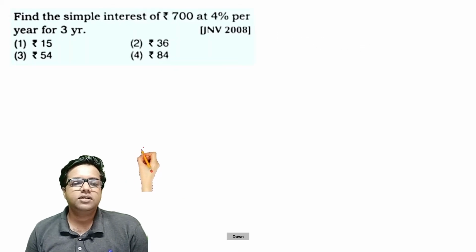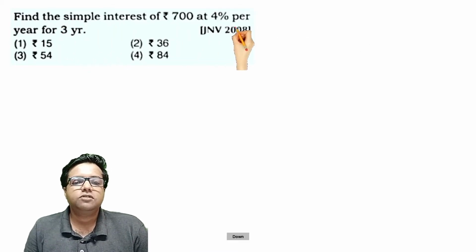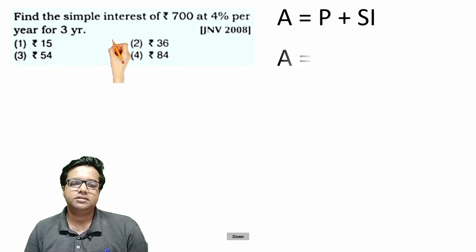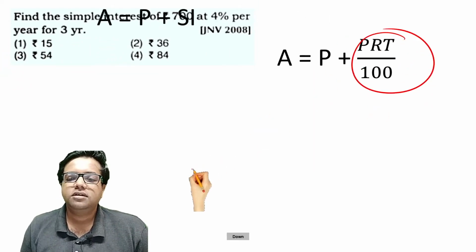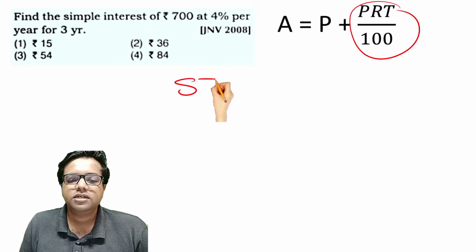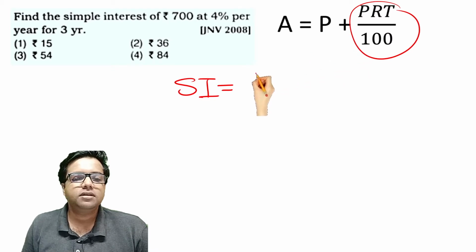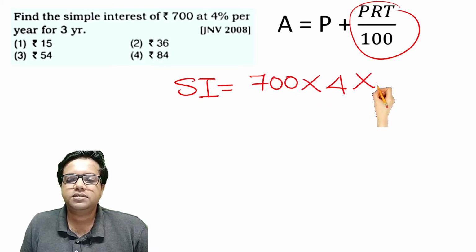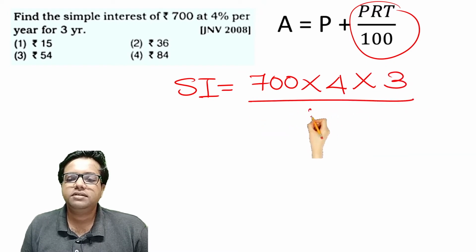Alright, let's move ahead. Find the simple interest of 700 rupees at 4% per year for 3 years. So we need to find the simple interest. The formula for simple interest is PRT by 100. Principal is 700 into rate of interest is 4% into time duration is 3 divided by 100.